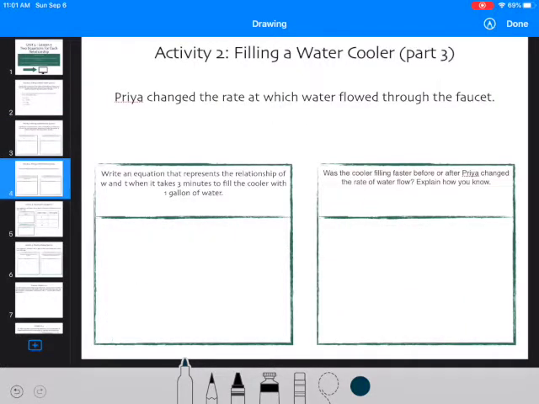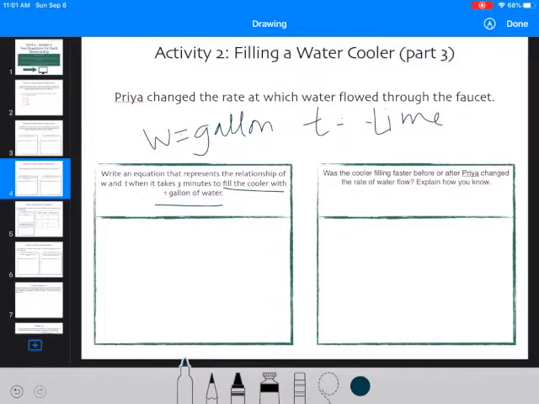Write an equation that represents the relationship. It takes 3 minutes to fill the cooler with 1 gallon of water. So now they've changed it around and they're saying that it's going to take us 3 minutes to get 1 gallon of water. Remember, W is gallons of water and T is time.